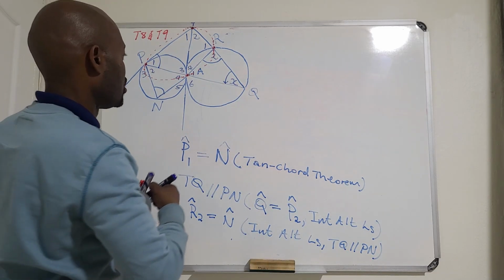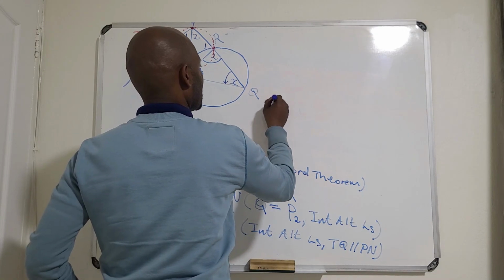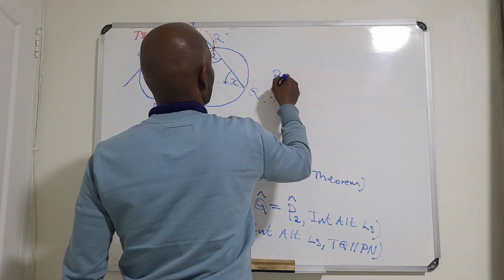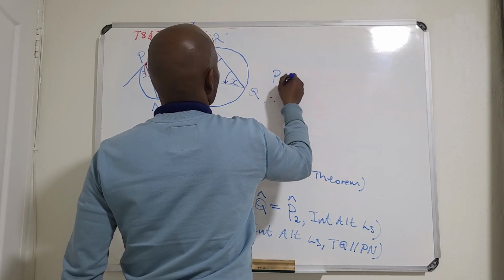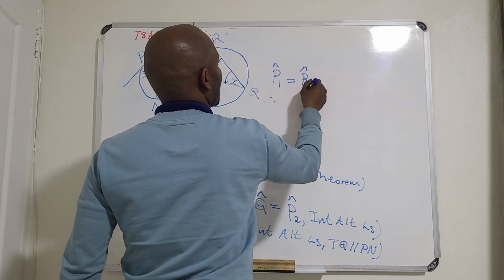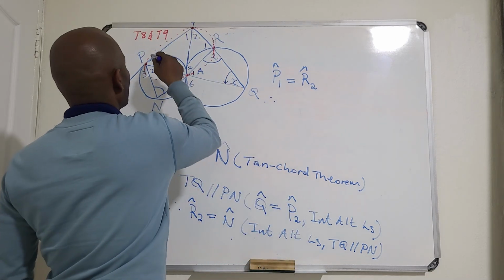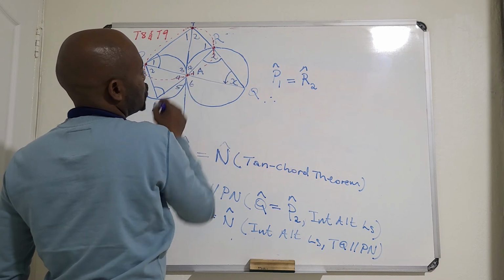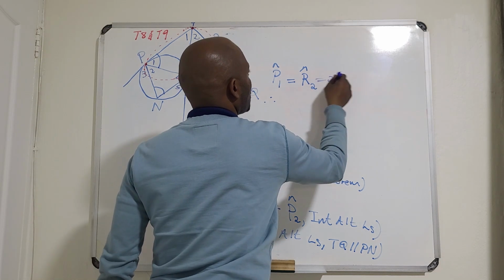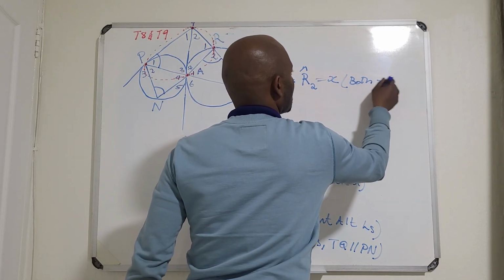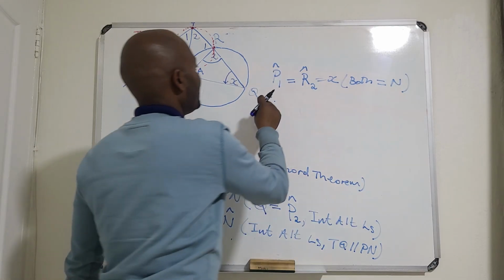Therefore, angle P1 is equal to angle R2. Angle P1 is equal to angle R2, reason both are equal to N.